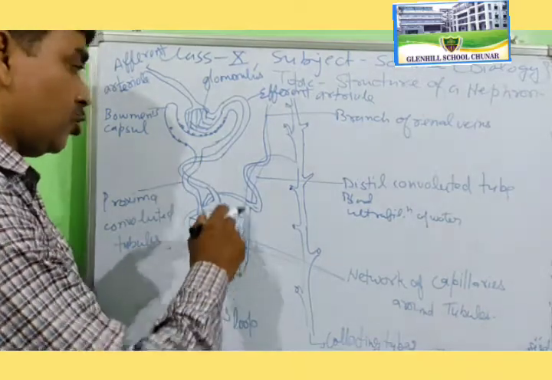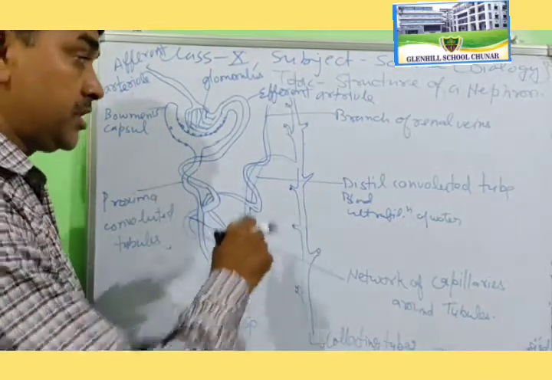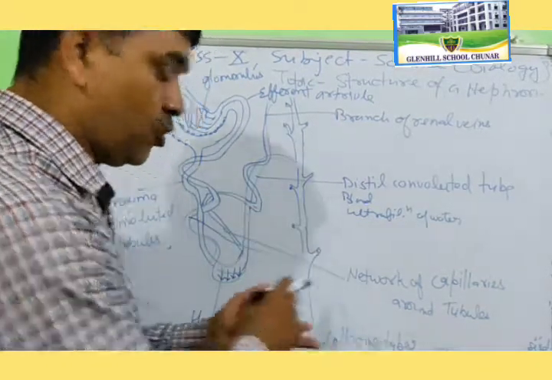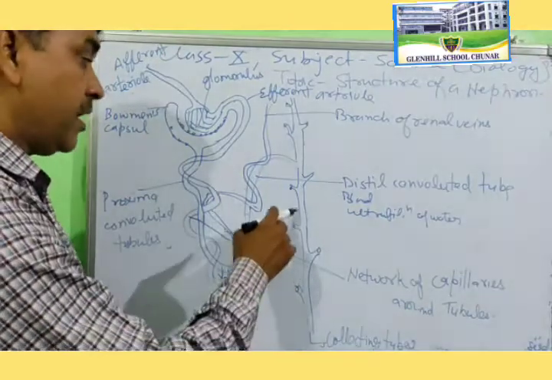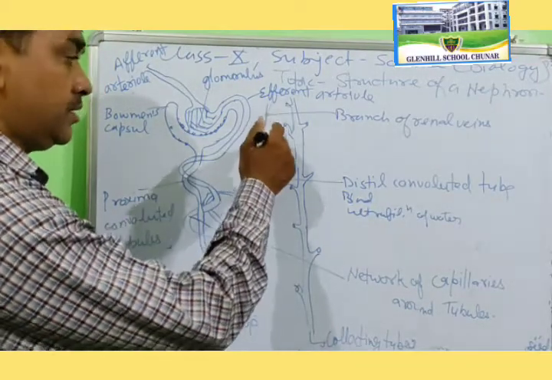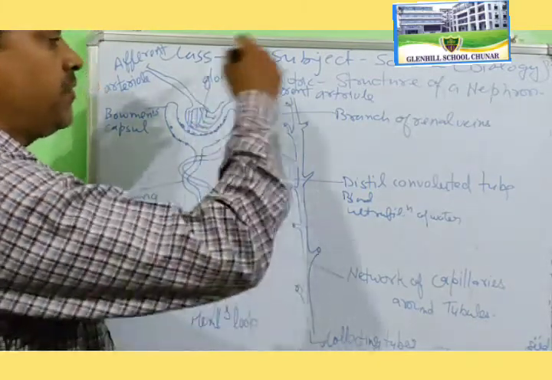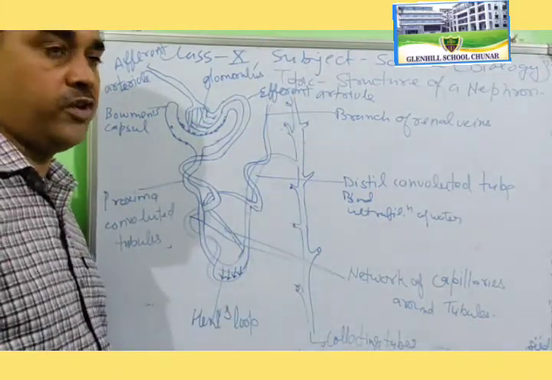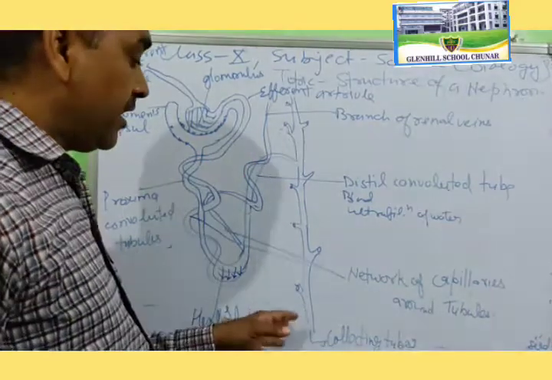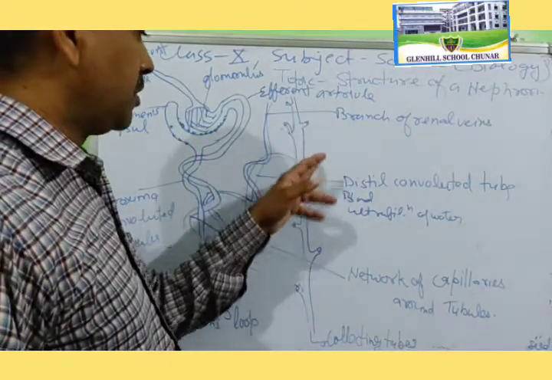So the distal convoluted tube is connected to the collecting tube. You can see that this is for many nephrons. Millions of nephrons are found in the kidney. So they are all connected with these tubes. Okay?